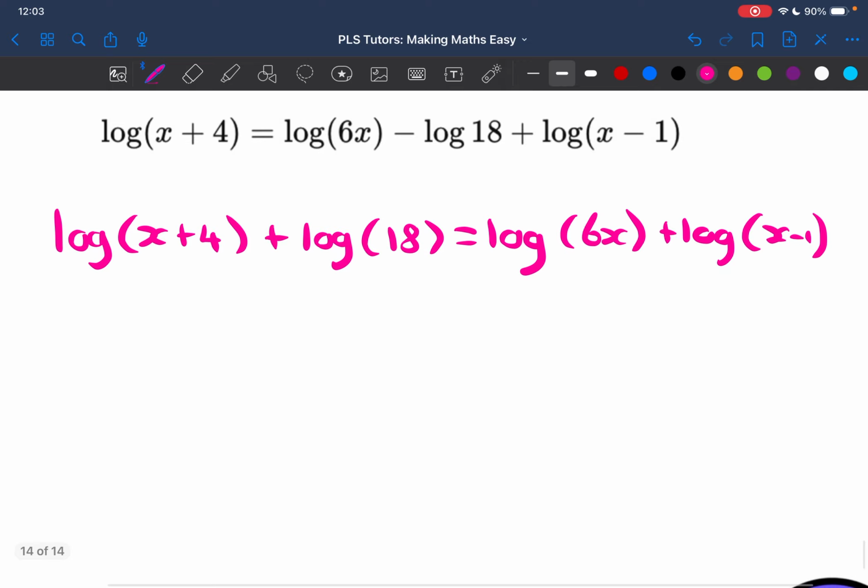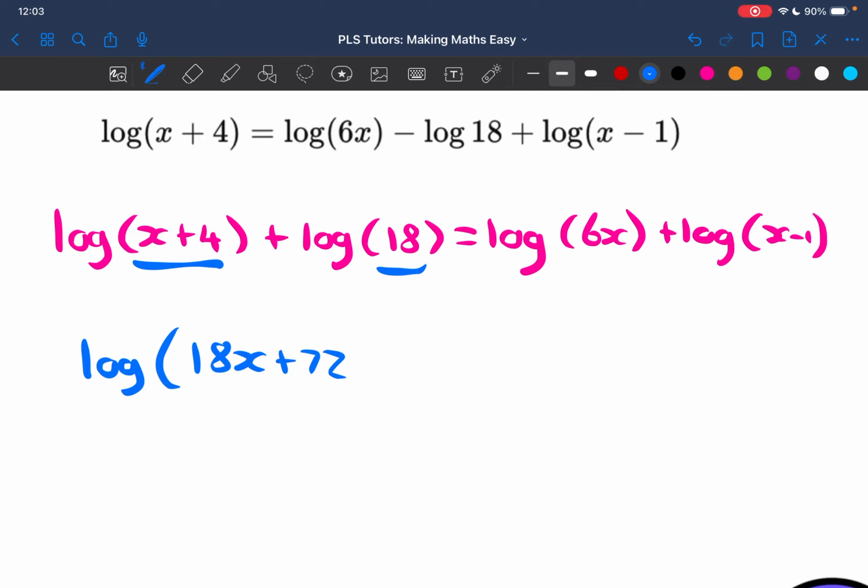Well, we have log, add, log. So let's do the same thing. Let's do x plus 4 times by 18. And if we do that, we are going to get log of 18x plus 72. On this side, we can do the same thing. We can do 6x times x minus 1.